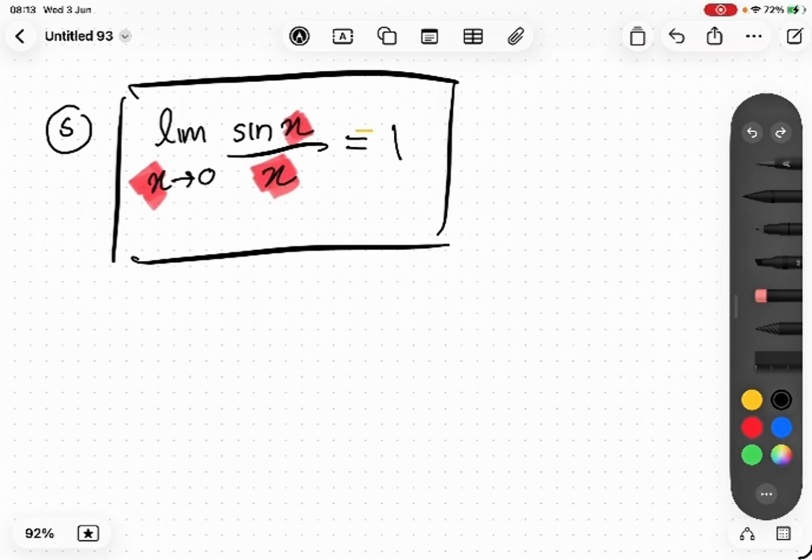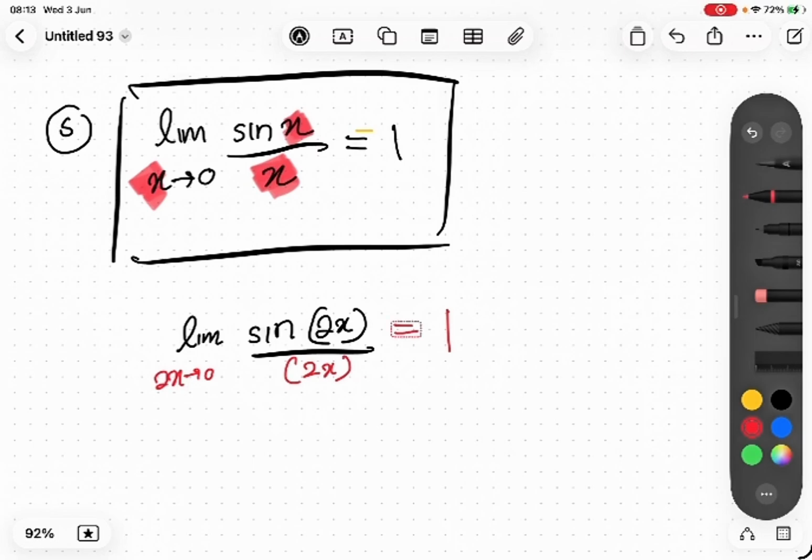See, limits of sine 2x over 2x, when 2x tends to 0, then you can get the answer as plus 1. That is the idea.